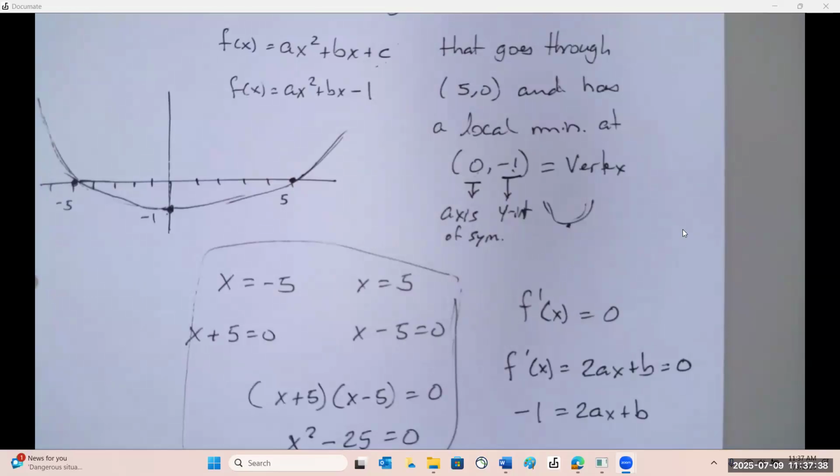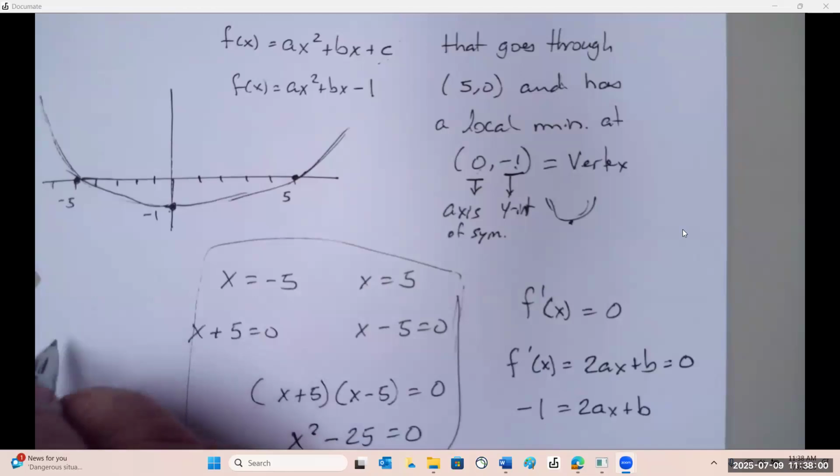What do we know about the concavity? It has no point of inflection. A point of inflection only occurs when you have concave up and concave down. It's the point where they switch. Since this is a parabolic graph, it has none.